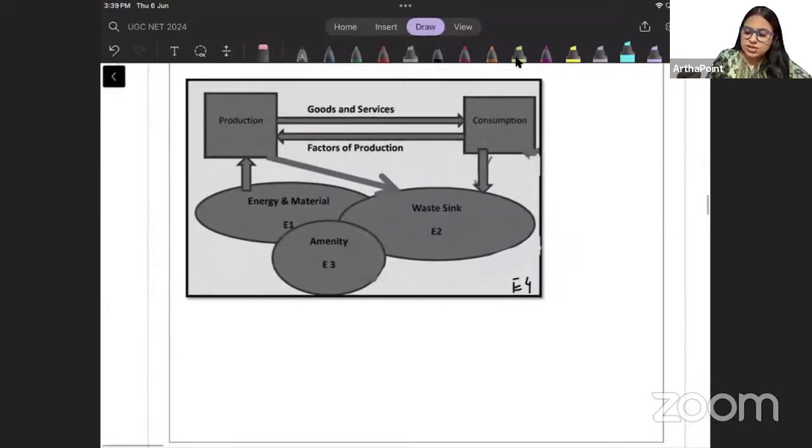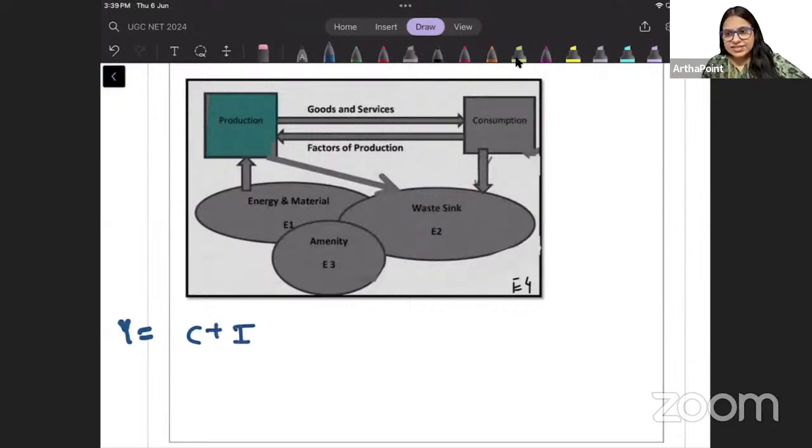तो देखो here what is happening now. Here, I have only taken two sectors of production. That means producer and consumer. तो you remember when we used to do the circular flow of income, हम हमेशा ऐसे बात करते थे कि Y is equal to C plus I, and then we would add other sectors. फिर हम गवर्नमेंट का रोल ऐड कर देते थे, फिर एक्सटर्नल सेक्टर का रोल ऐड कर देते थे.